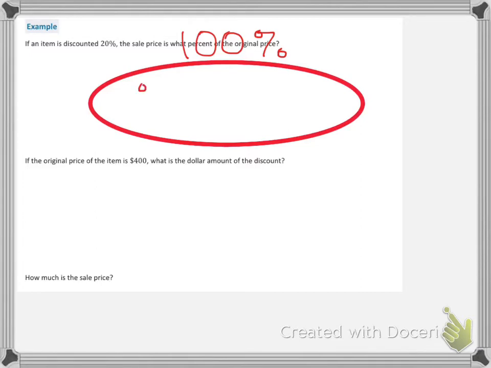So the discount would be the percent that we save. And then beyond the percent that we save would be the other part, which would be a percent that we pay. So there's going to be a part that we save and a part that we pay out of the 100%, the original price.